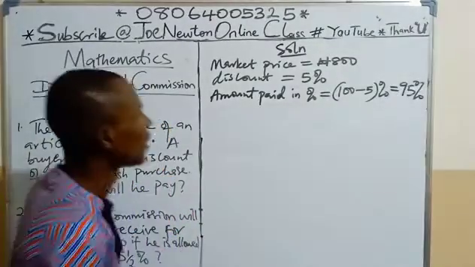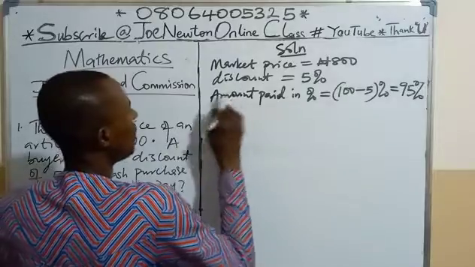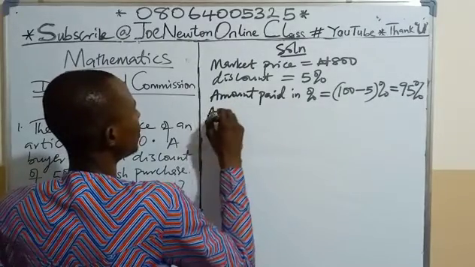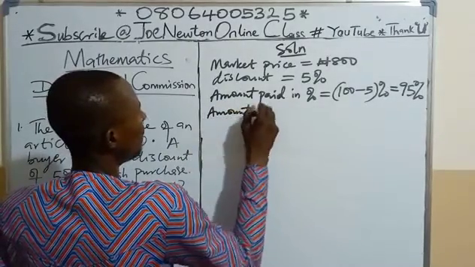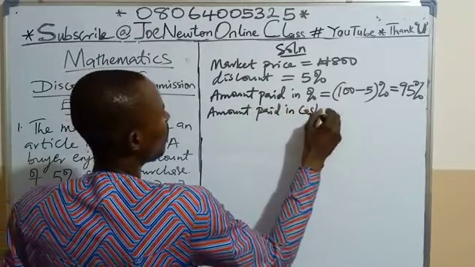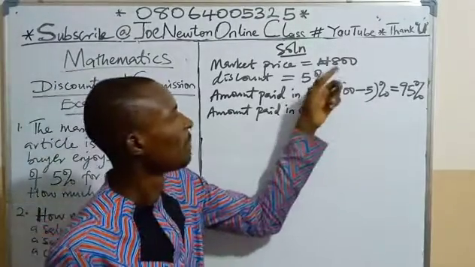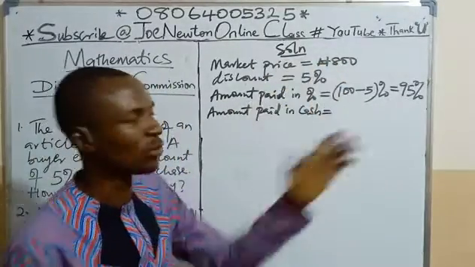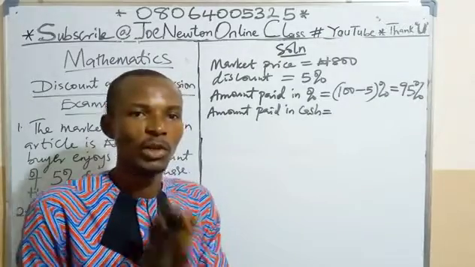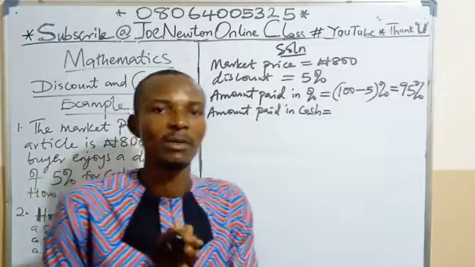I know you wonder where I get the 100. The total percentage of the actual price is 100%, because the whole figure or whole number of any entity or any quantity is 100%.